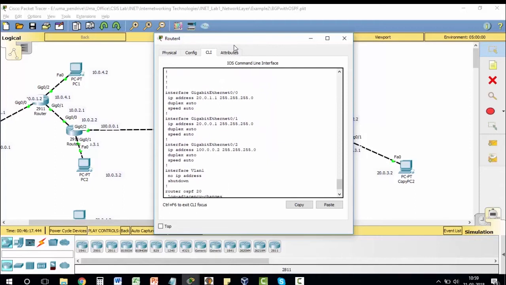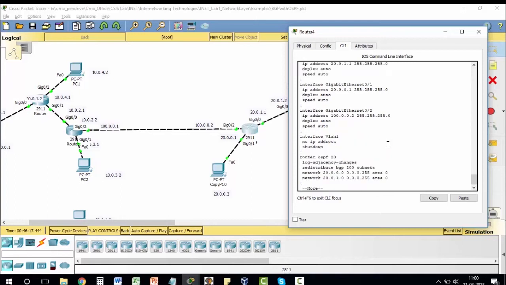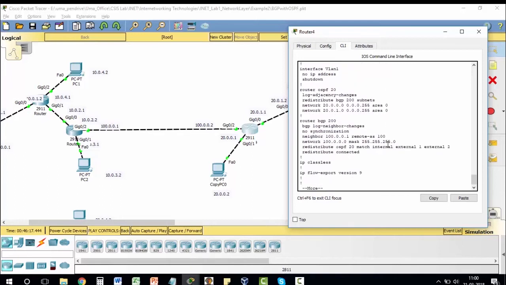Here we first see the same information that we have seen. Port 0 has the IP address 20.0.1.1. Port 1 has the IP address 20.0.0.1. And port 2 has the IP address 100.0.0.2, which is the link that connects to the router from the next autonomous system. There is no VLAN configuration here.